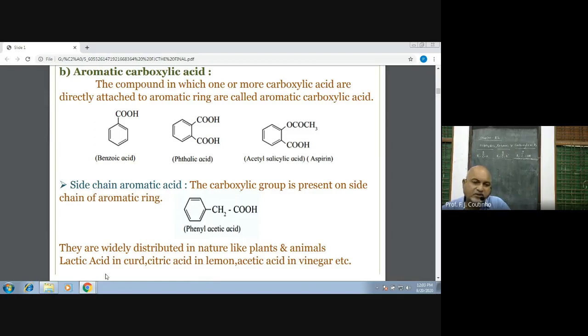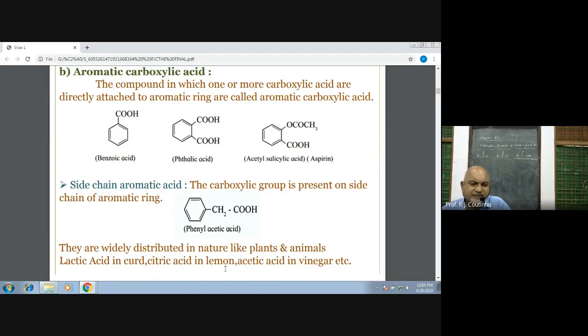Why? Because there is a lot of loss, and that's why lactic acid in curd helps a person to regain whatever is lost in the dehydration process. And that's why lactic acid is present in curd.